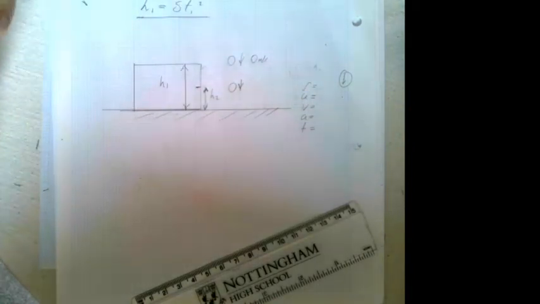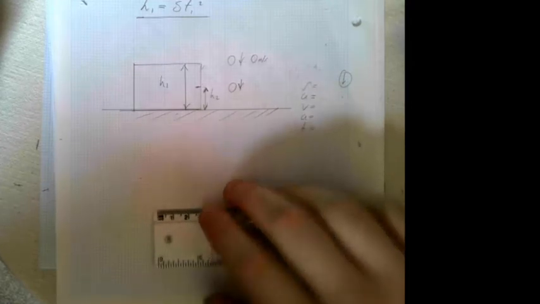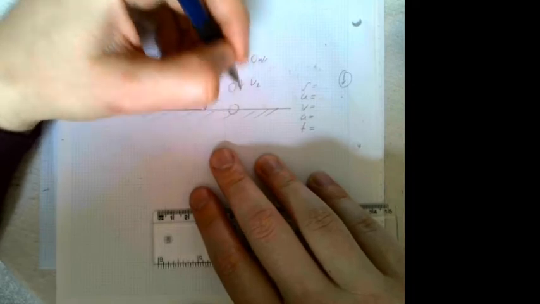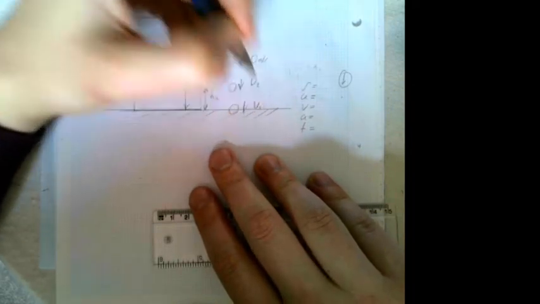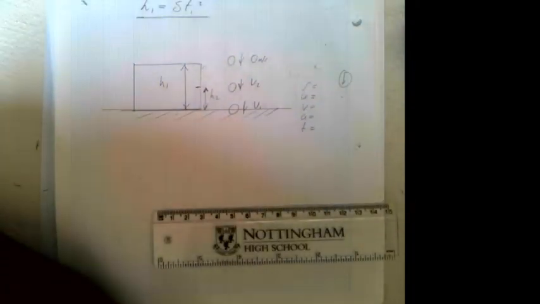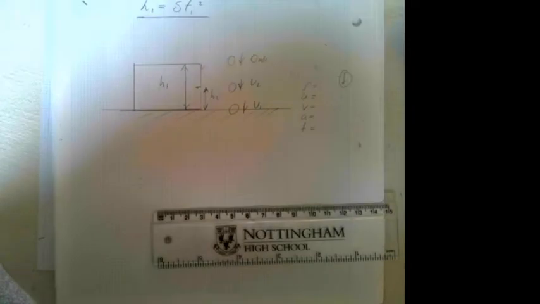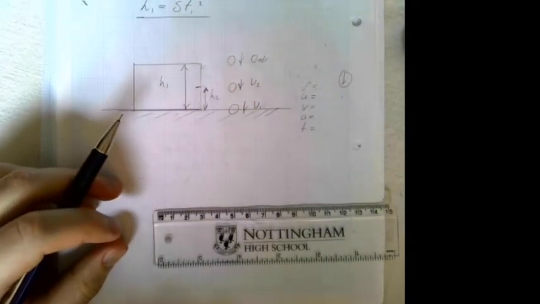Now, irritatingly, because of the way the question's been set up, I can't call that velocity v1. It's at h2, so I'm going to call the velocity v2. Even though, irritatingly, it's actually going to be at v1 in our definitions from the first part of this question, as that's after it's travelled the distance h1. We can't get around that. We just need to make sure we're okay with it.